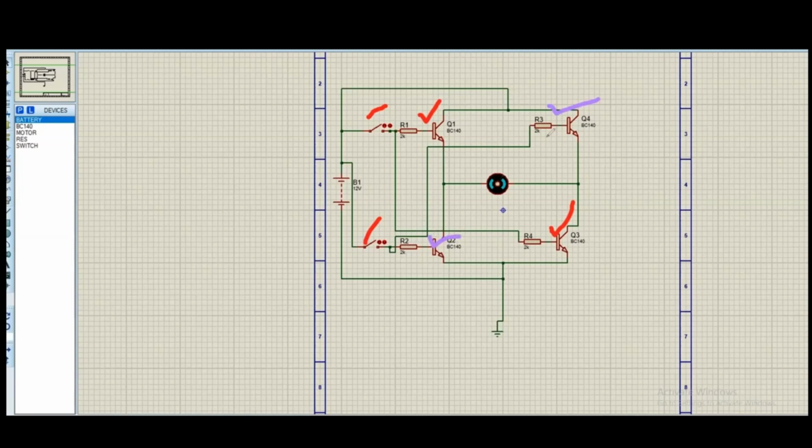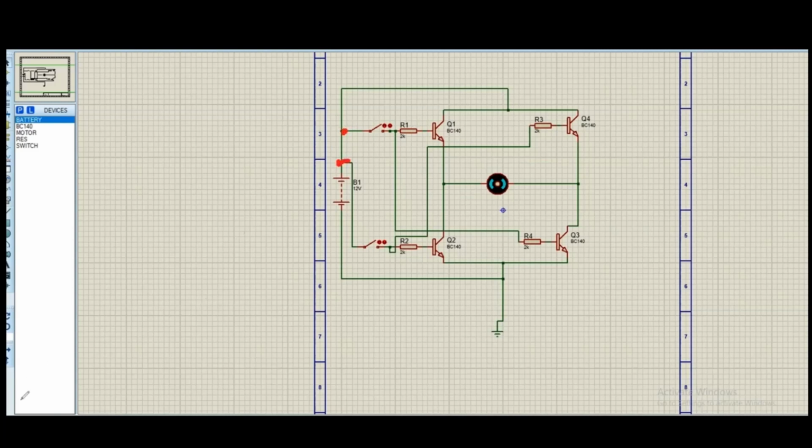It is because we want to make our flow either in this way or in this way. Further, we can see that both of the switches are connected with this voltage source from here and here.